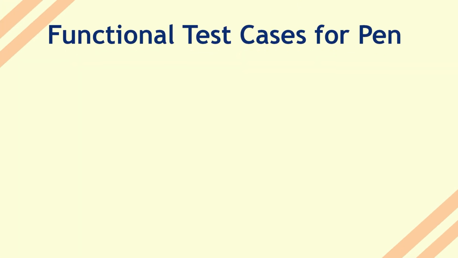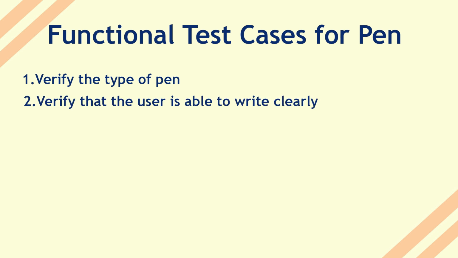Now, let's move to other sets of test cases, the functional test cases. Functional test cases are the test cases that involve testing the different functional requirements of the application under test. It can include test cases like: verify the type of pen, whether it is a ballpoint pen, ink pen or gel pen. Verify that the user is able to write clearly over different types of papers.